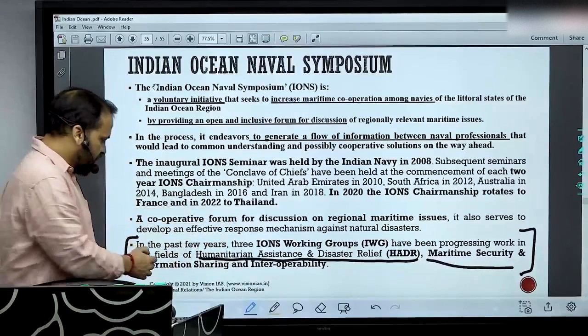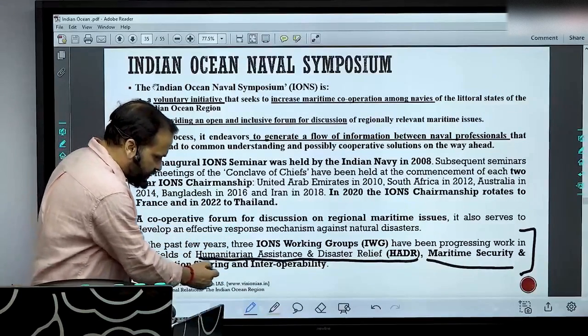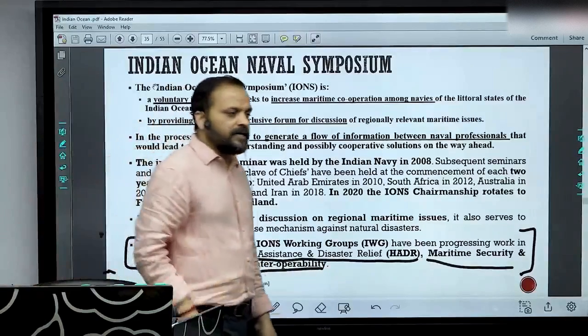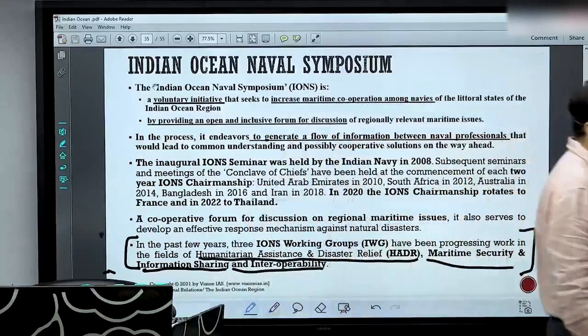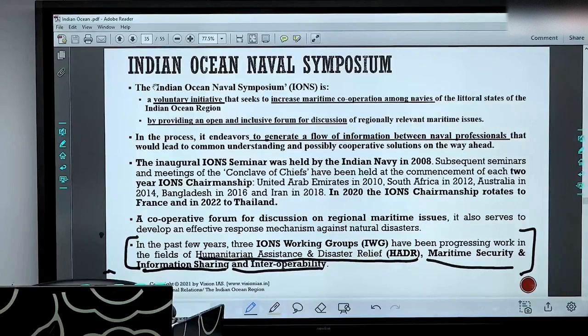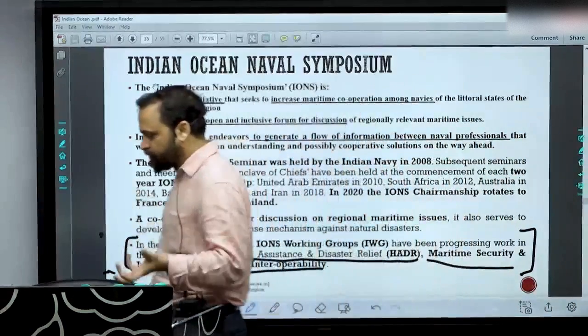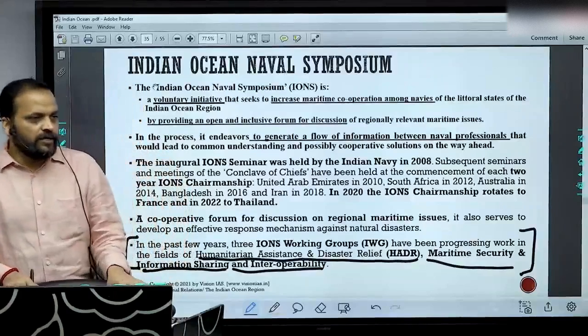Maritime security, and information sharing and interoperability. So these are the three areas in which IONS exchanges views.